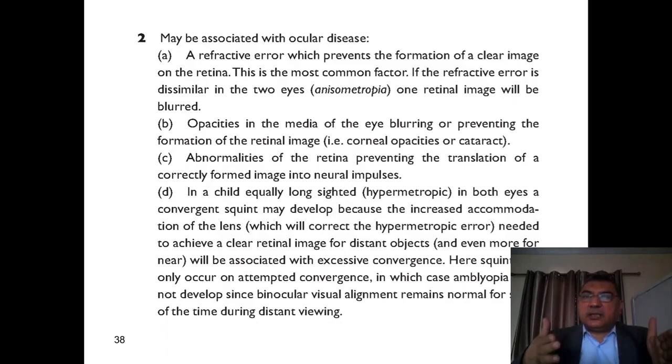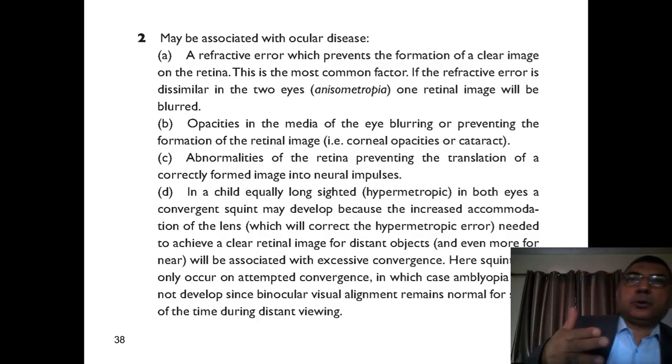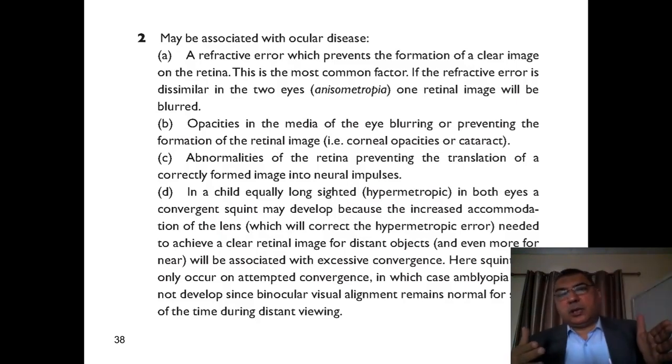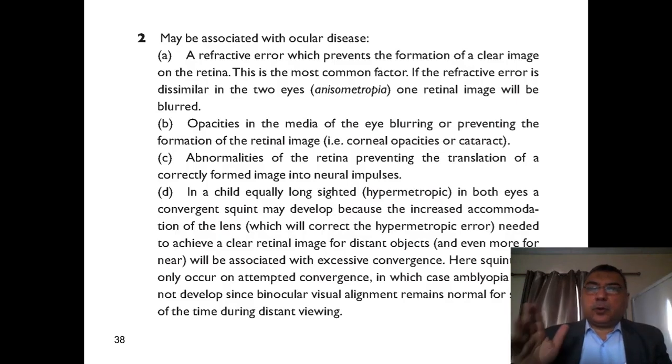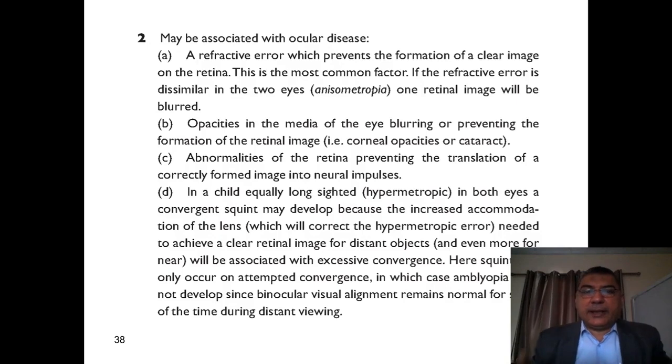In this example, as we said, the example which we usually will talk about through all the lecture, which is right esotropia 15 degrees, here the cause is anisometropia. The right eye is myopic or astigmatic, so there is a blurred image in this eye, suppression, loss of single binocular vision, and later on deviation.